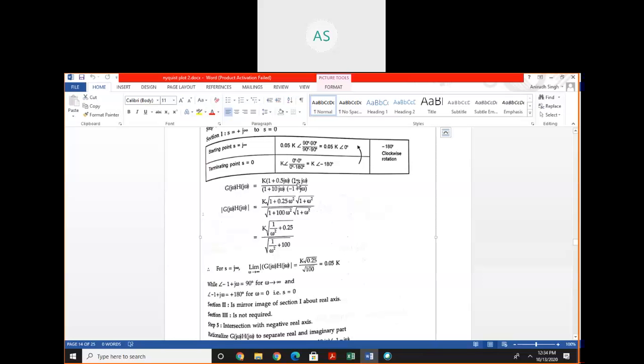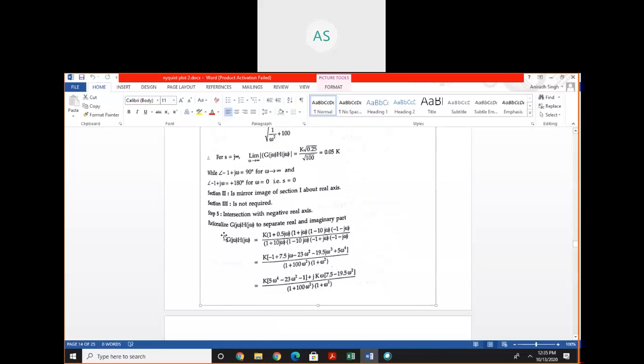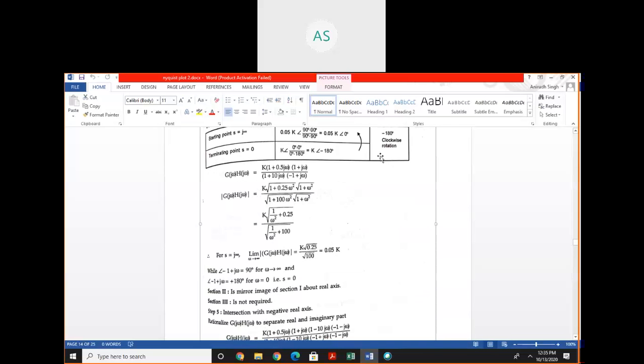And when ω tends to 0, magnitude is k, and angle contribution is 0 from the ω terms, but this s minus a gives 180 degrees, so we get k and angle contribution is minus 180 degrees. So the angle of rotation is 180 degrees clockwise rotation.